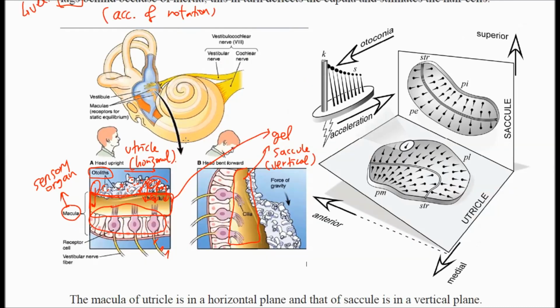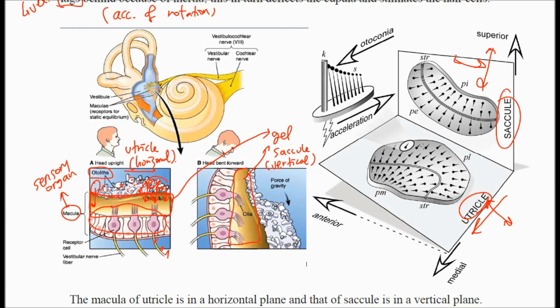So the diagram on the right side shows the plane of the utricle and saccule. So this horizontal plane and vertical plane. So you can appreciate whenever you move forward or side to side, utricle will be activated. When you move up and down, the saccule will be activated.